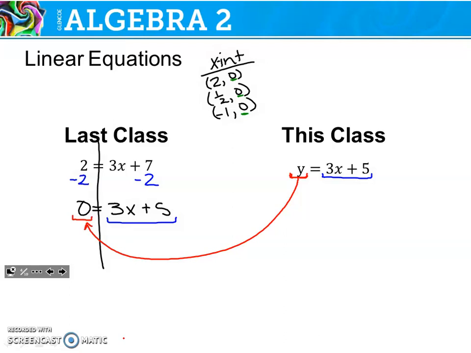What I'm telling you guys is every linear equation that we were finding last time can be written in this form here. Every linear equation that we were solving for, every time we found an answer, that answer that you found was the x-intercept of that line.